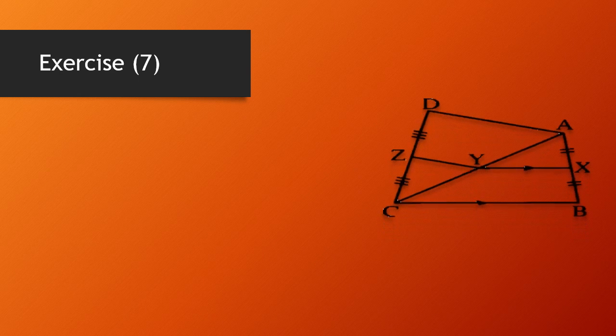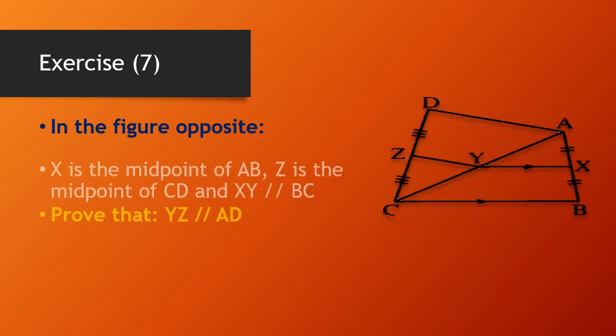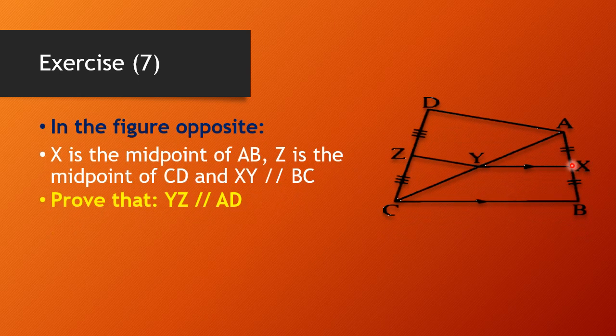Exercise 7. In the opposite figure, X is a midpoint of AB, Z is the midpoint of CD, and XY is parallel to BC. Prove that YZ is parallel to AD.